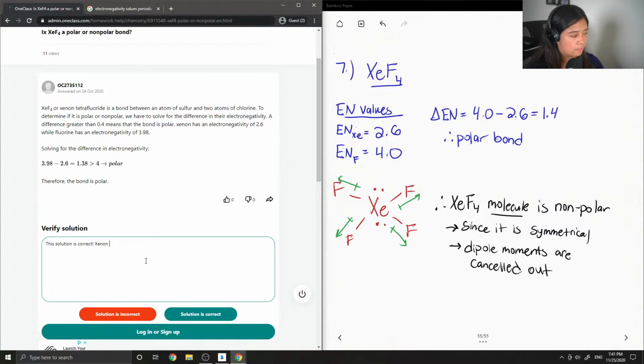Let me just make some corrections. So this should be greater than 0.4.